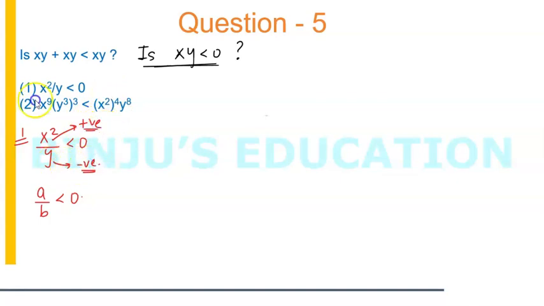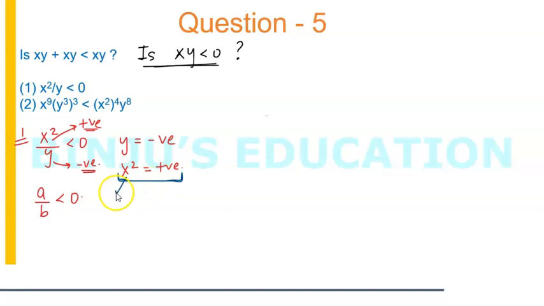So we have one conclusion from statement 1, that is y is negative. Now y is negative, and we have x square positive. But if x square is positive, does that mean x is also positive?